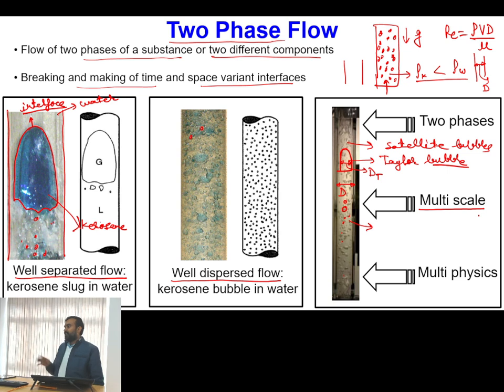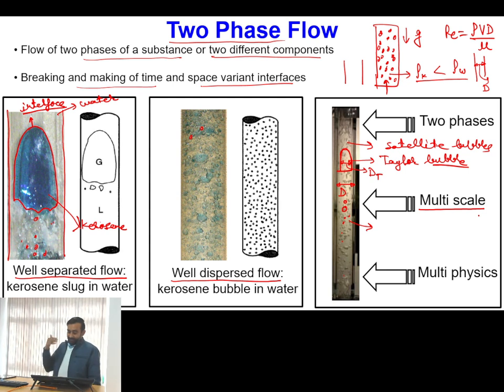Moreover, if you have a larger bubble rising in the tube, it will have a different velocity. Moving from one end of the tube to the other, it will take, say, t1 amount of time. If you have a very small bubble, it will have a different buoyancy force, so it will take a different amount of time.